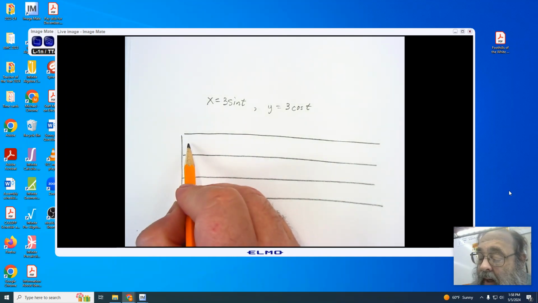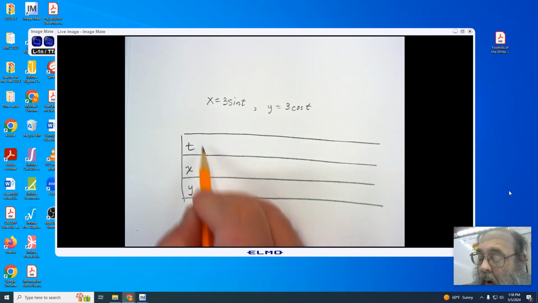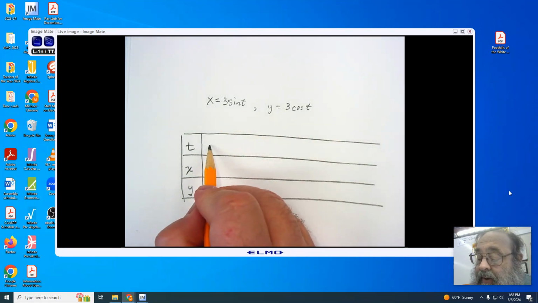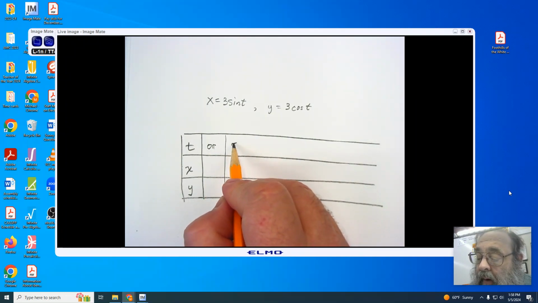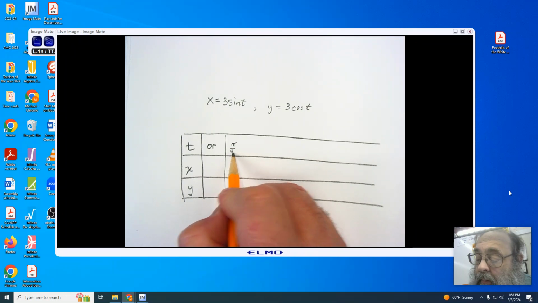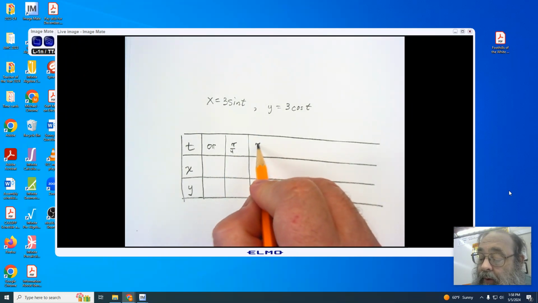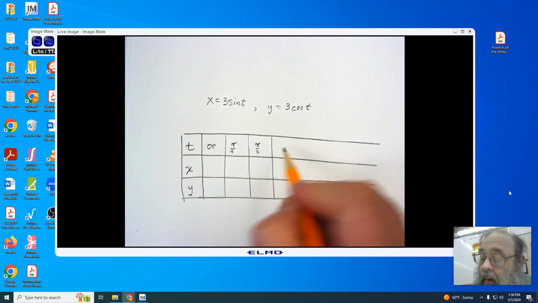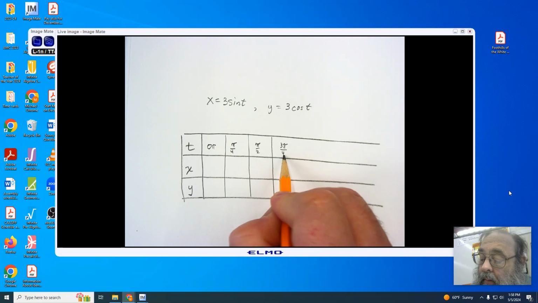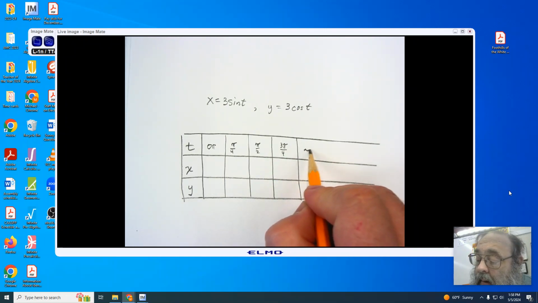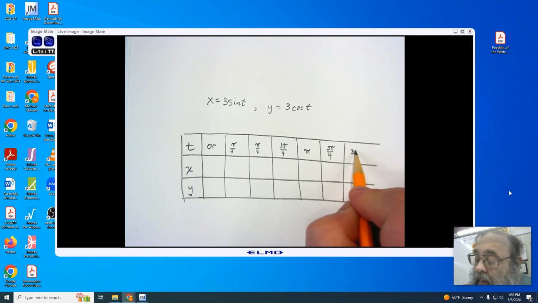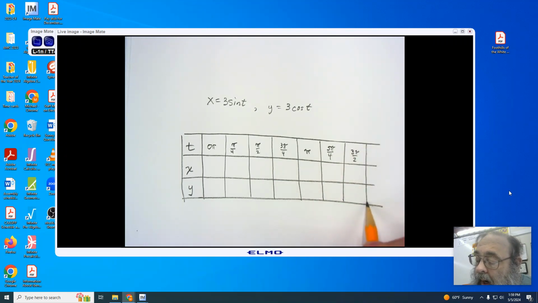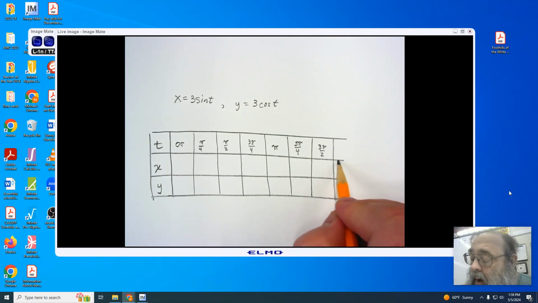So I'm going to have t, x, and y. And because I'm using trig, I'm going to start with 0. I'm then going to go ahead and do pi over 4, pi over 2, 3 pi over 4, pi, 5 pi over 4, 3 pi over 2, and I'm going to squeeze one more all the way over here.